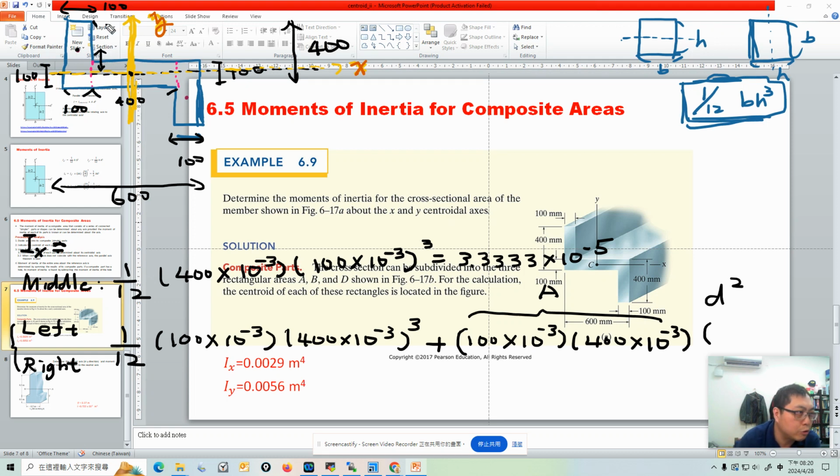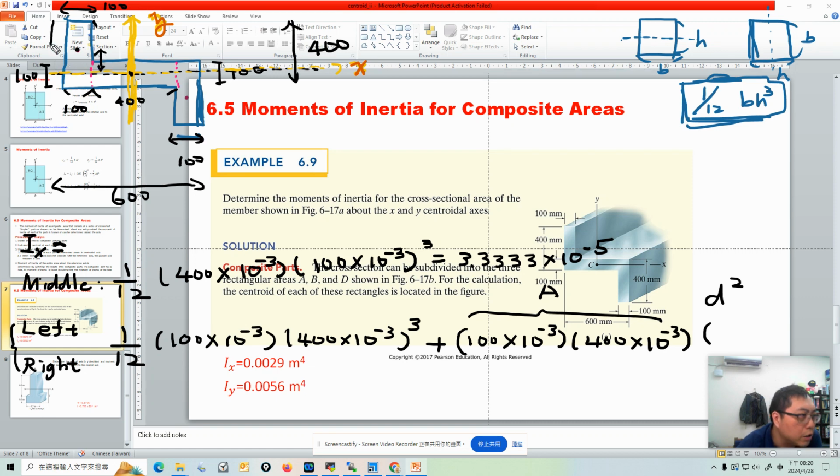Here it needs a little trick. Because this is symmetric, so here is 50, right? Let me see. This is 200, this is 200. Okay, I see.